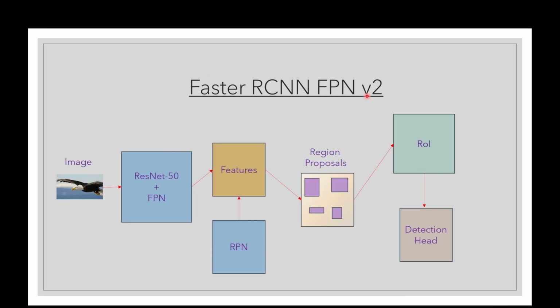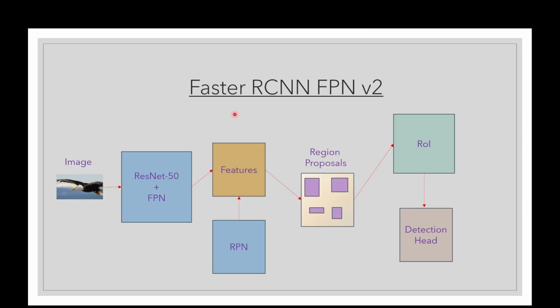So what makes Faster RCNN FPN V2 better than the original Faster RCNN? The major difference is that in this model, the pre-trained weights are much better than the original. The model has been trained on more data and for a longer duration, and some better augmentation techniques have been used.